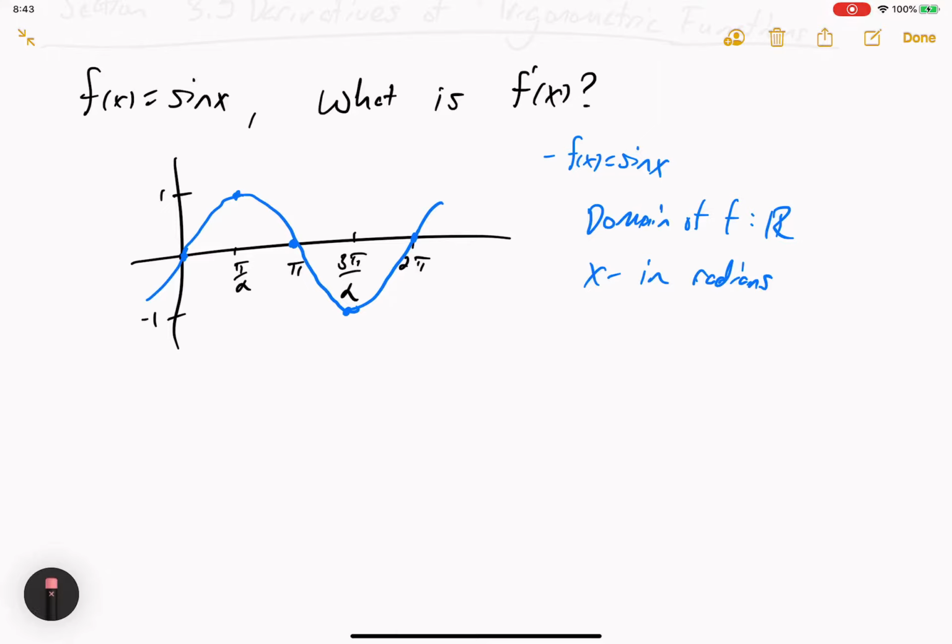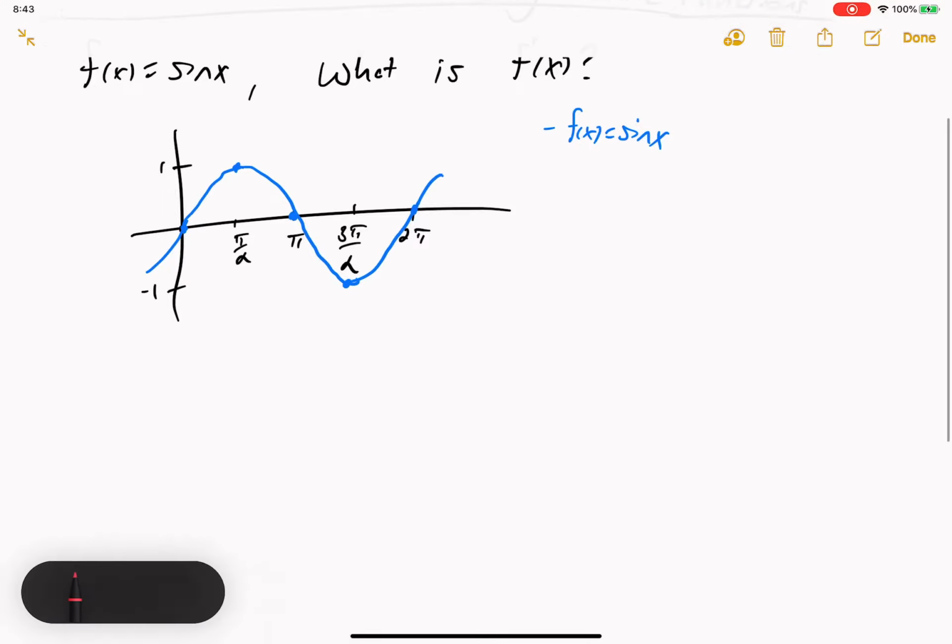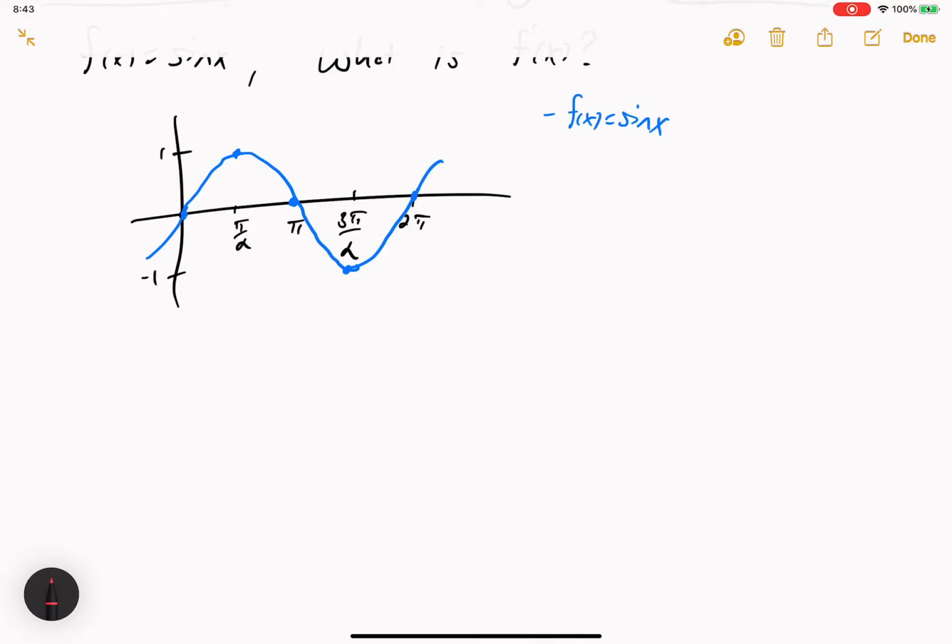Those are more just technical things to keep in mind when we try to find the actual derivative. But anyways, let's try to find the derivative based off the graph. So remember, the derivative is the slope at each point.